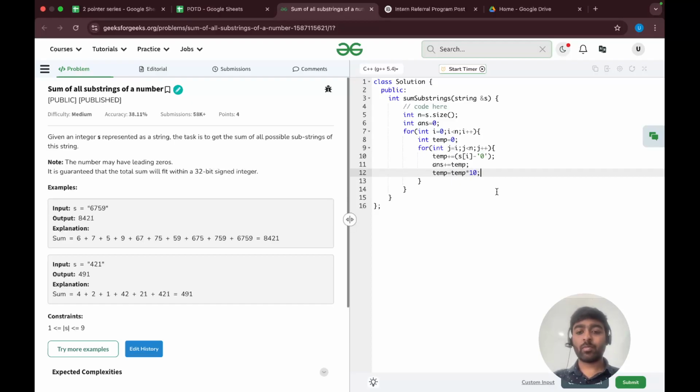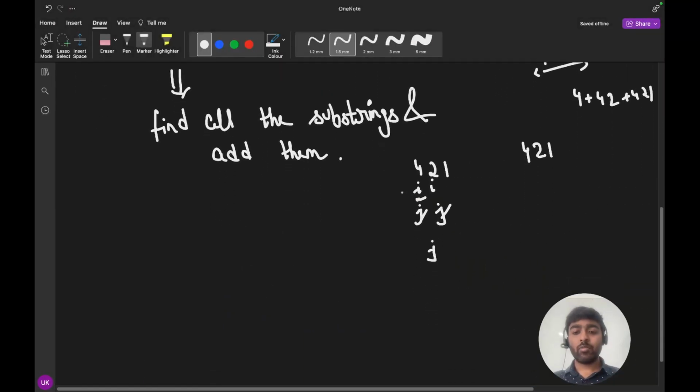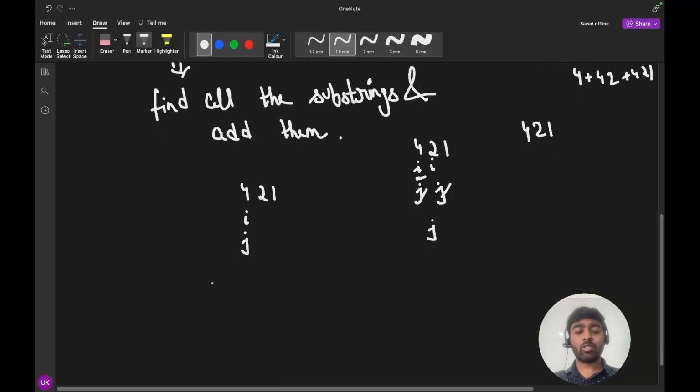Why this? See, when you were at this 4, in 421, your i was here, your j was here. So your temp will be equal to this 4 the first time. Now you will add this 4 to your answer. Now when you increase the j index, you want the value 42.